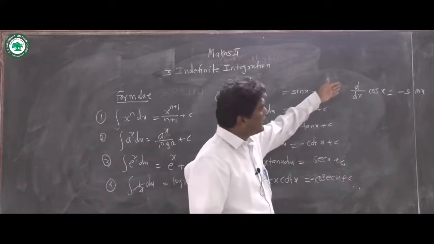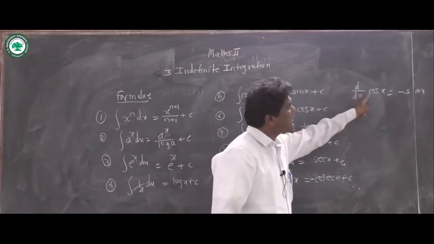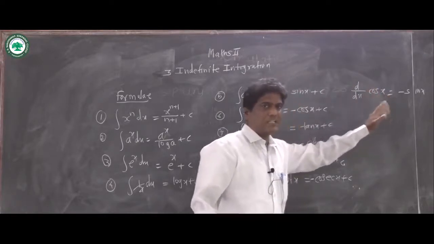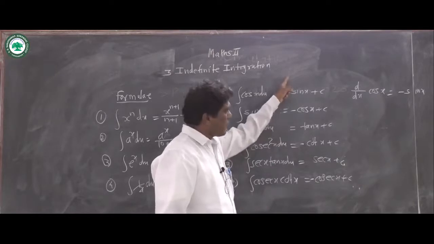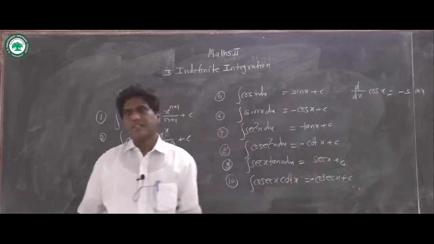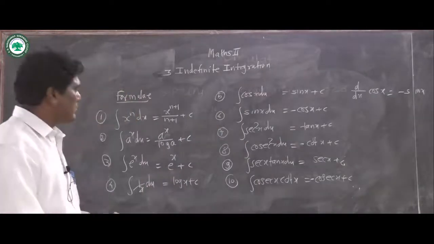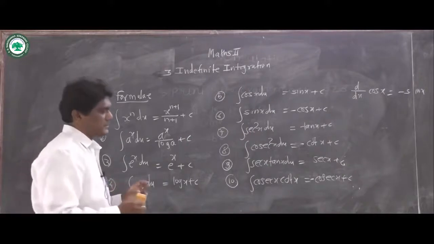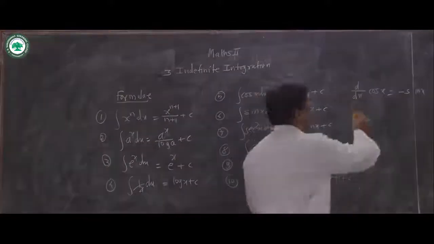In derivative, if the question starts with C, then take minus. And in integration, when the answer starts with C, then take minus. These are the 10 important formulas of indefinite integration. Take a screenshot and then write down.